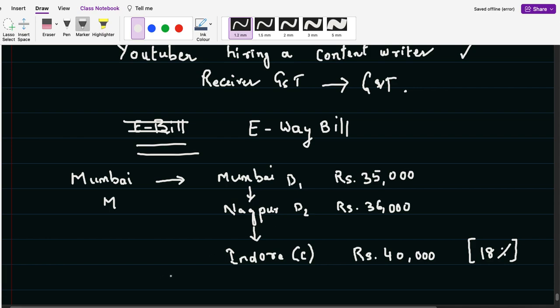What we need to find here is the net IGST on the whole transaction. How much IGST is paid? How much CGST is paid?